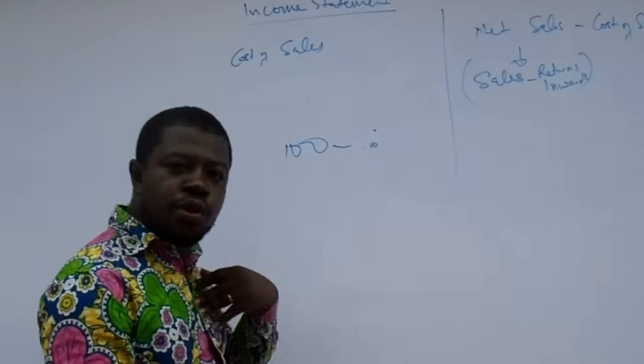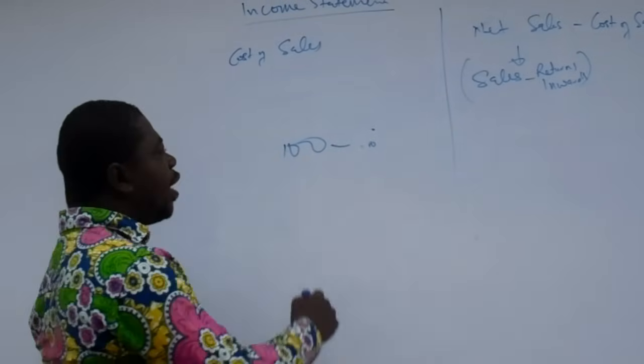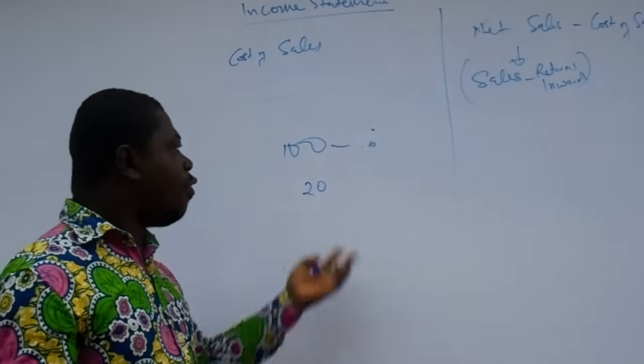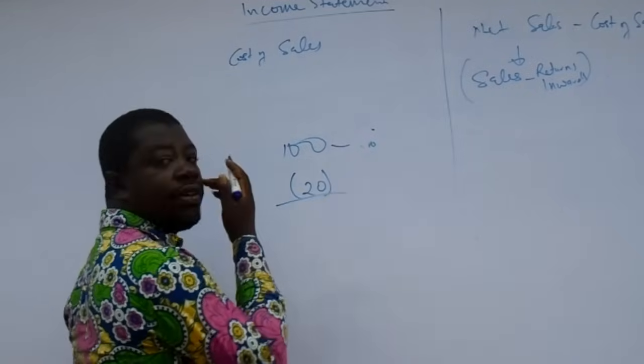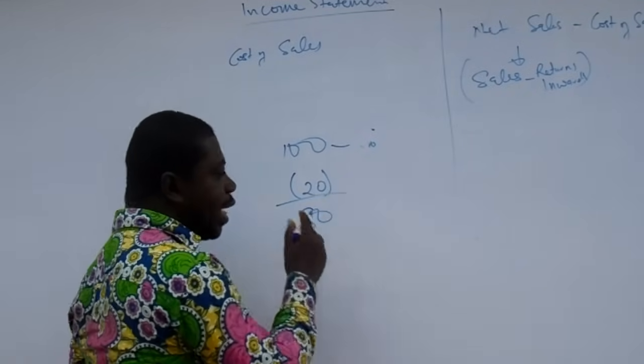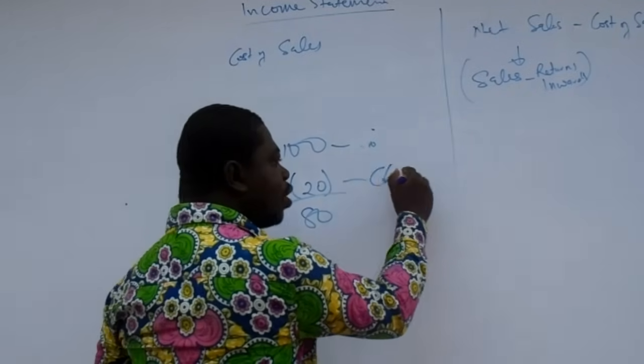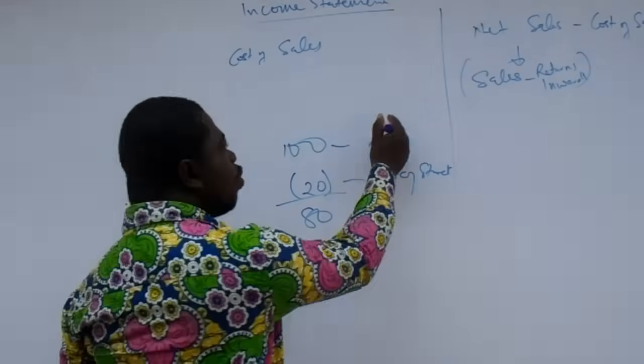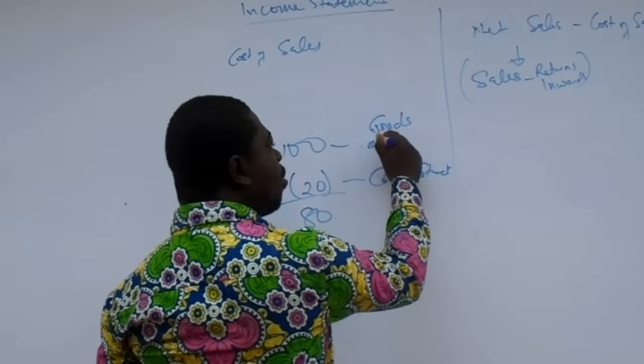So this 100 is my goods that are available for sale. Now if at the end of the period I have 20 in stock, how much did I sell? Obviously it's simple mathematics of taking out the 20 from the 100 to get the 80. And so this 20 is my closing stock. That is the stock that is remaining. And this 100 is the goods available for sale.